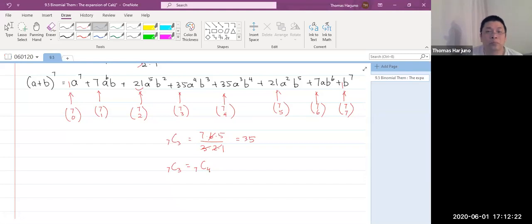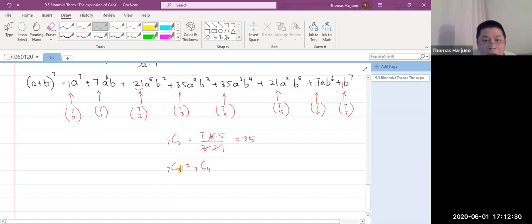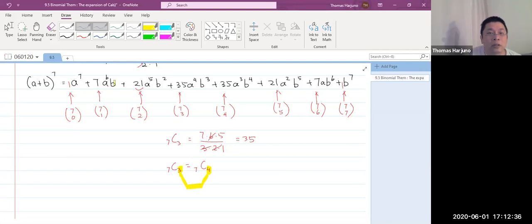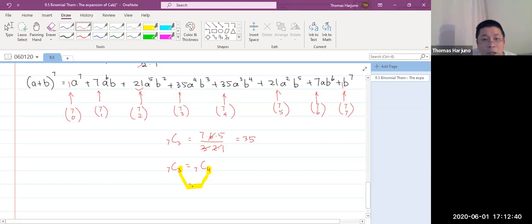By symmetry, 7 combination 3 equals 7 combination 4, as long as they add up to the same number: 3 plus 4 equals 7. Right?